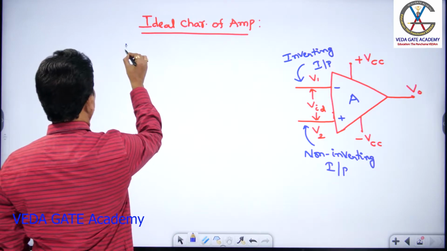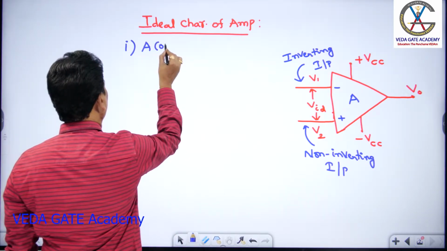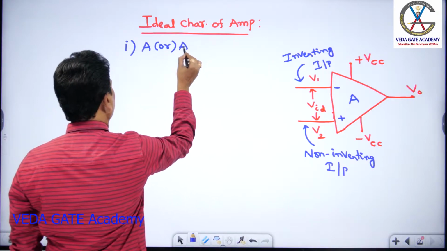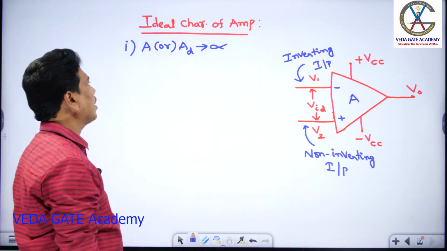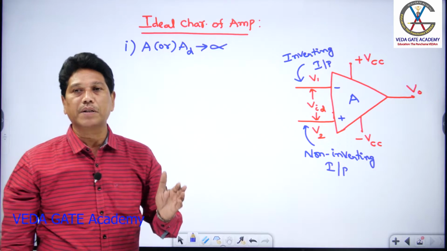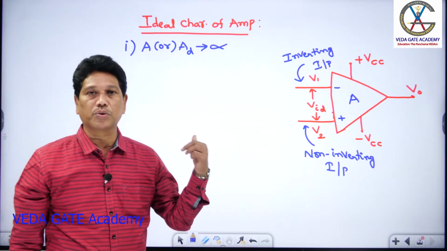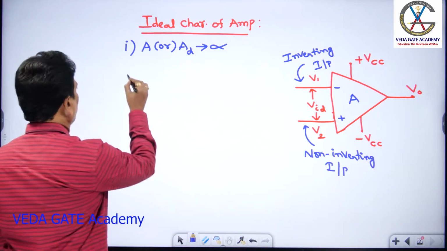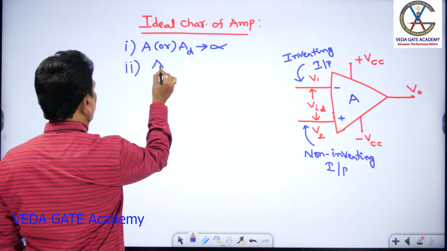The first one is that the open loop or differential gain is infinite, A or AD is infinite. What this means is that in an op-amp, the output is 100% by the differential input only, not by the common mode input. So we can also say that the common mode gain AC tends to 0.